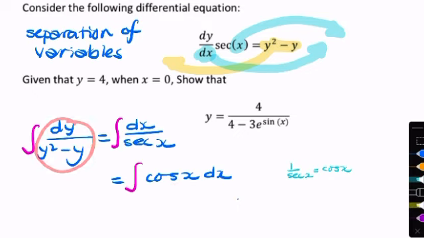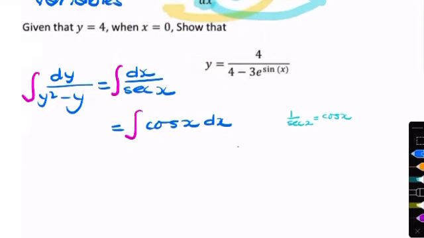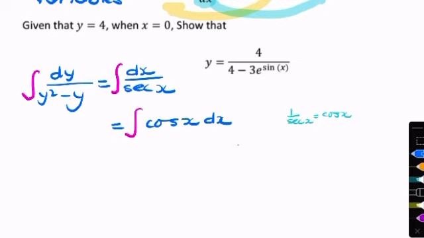How do we integrate that? There's no point taking substitution because the derivative of y squared minus y is 2y minus 1, and that doesn't exist here. But if we factorize the denominator, we can probably take partial fractions. So if we write that as dy over y times y minus 1, I factorized this into two factors.